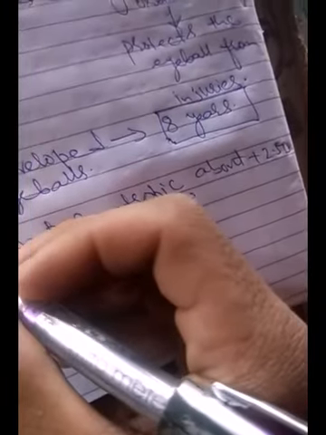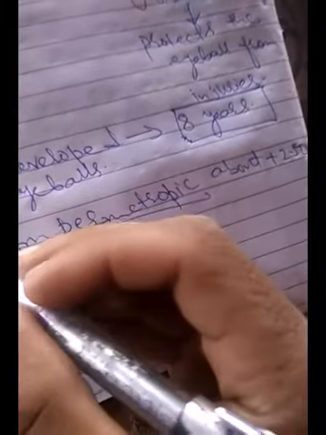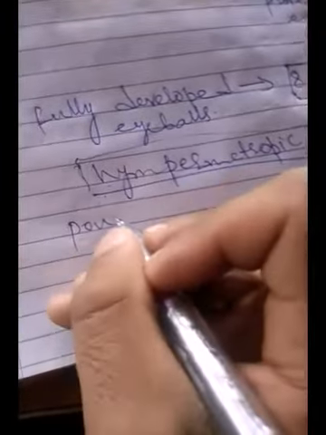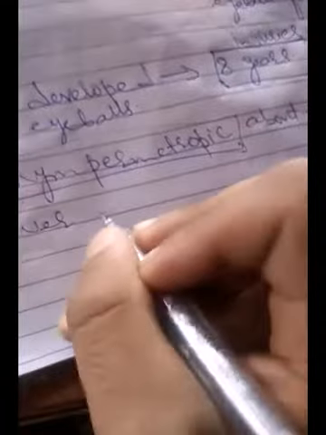Discuss about the power. Total power of the eyeball is 16 diopter.